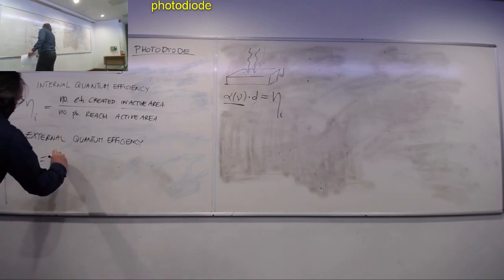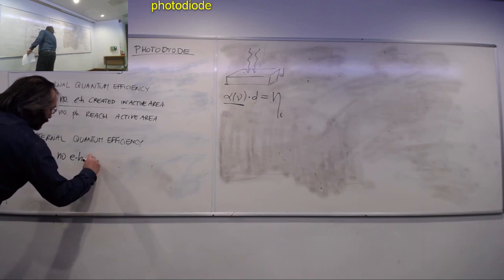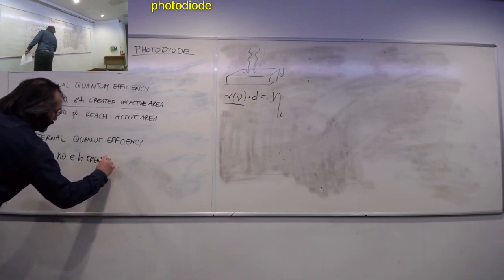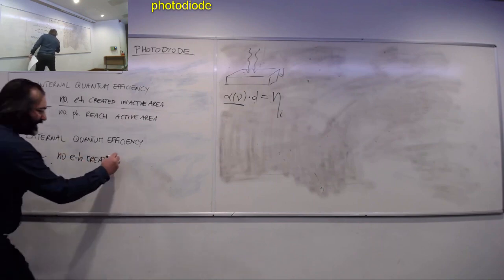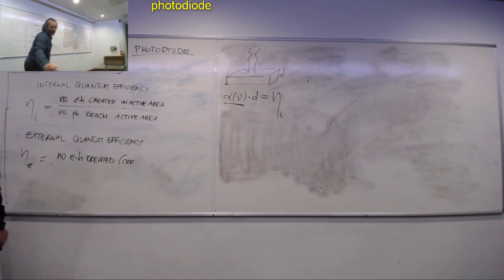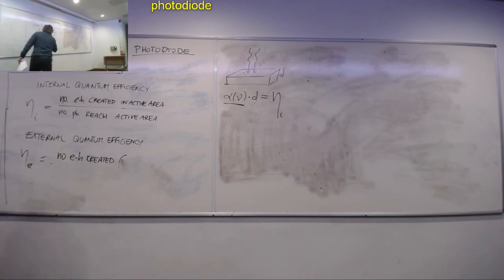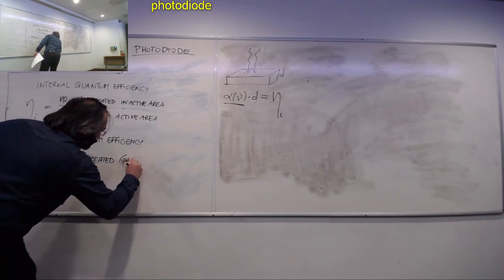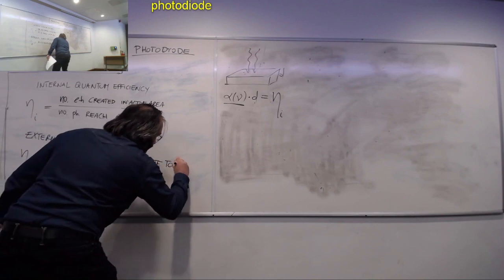So it is the number of electron-hole pairs created. Here, I mean that I sense them externally, outside of the device. This means that are able to create, or maybe participate, to the total current.